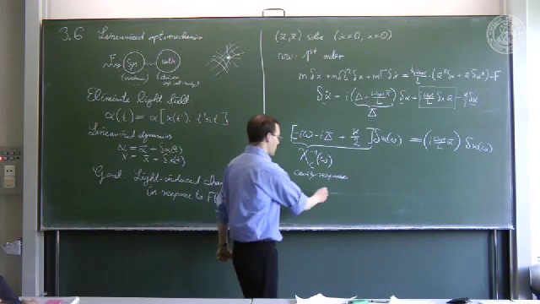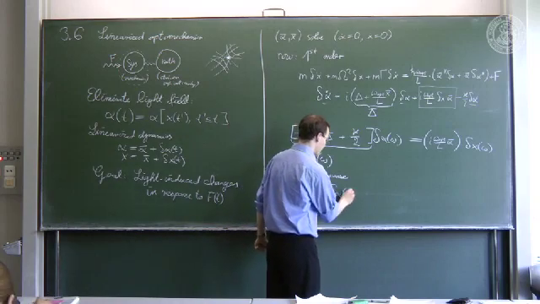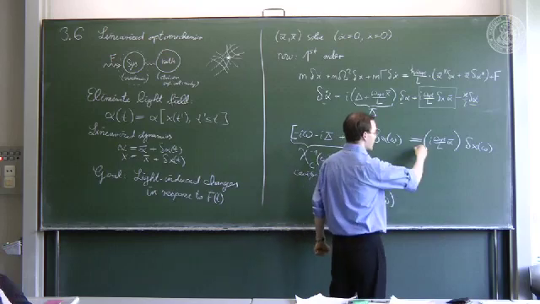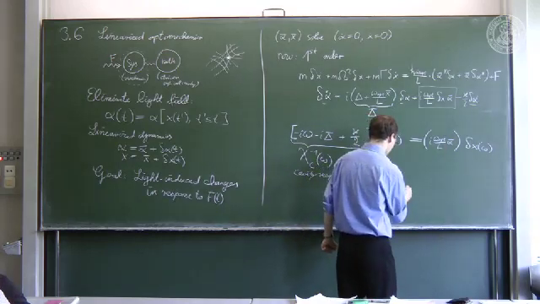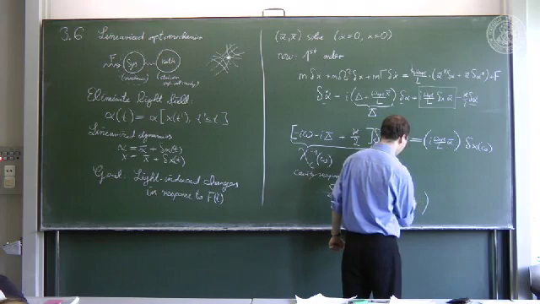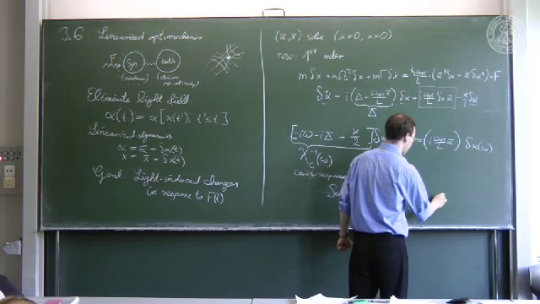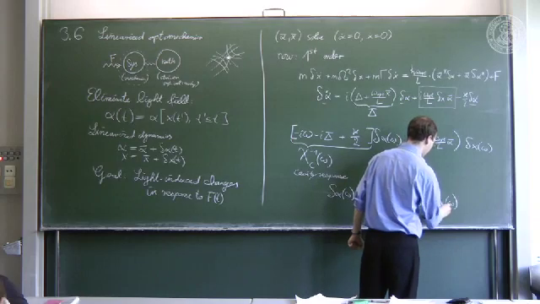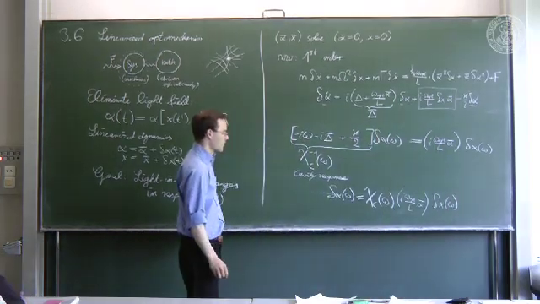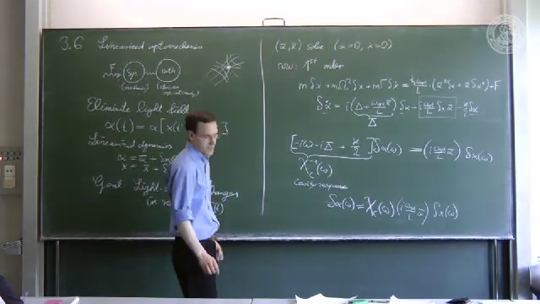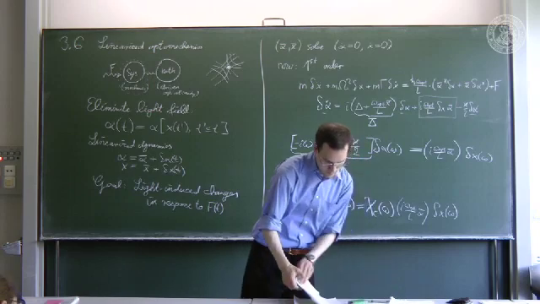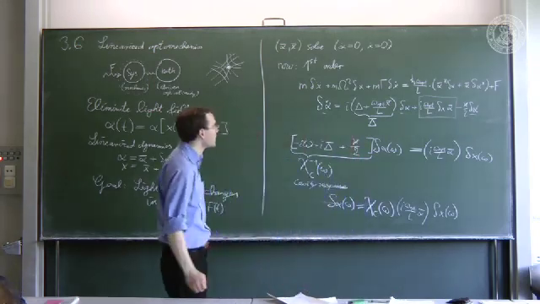So that means overall I get delta alpha of omega equals this susceptibility times the right hand side. Well, and that's already pretty good.